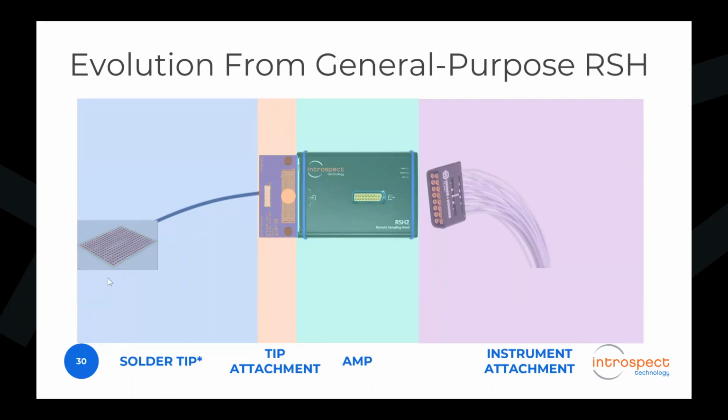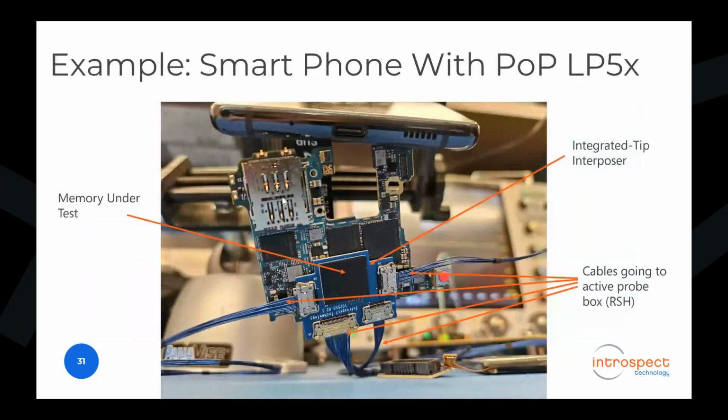Say there's a CA bus and 2 DQ bytes, 32 signals being sensed under this interposer; the tapping point for each of these 32 balls is directly under them. And then you have just a controlled impedance trace going all the way out to the probe amplifier. It looks a bit different, but it does give you the advantage of lower noise and higher signal integrity.